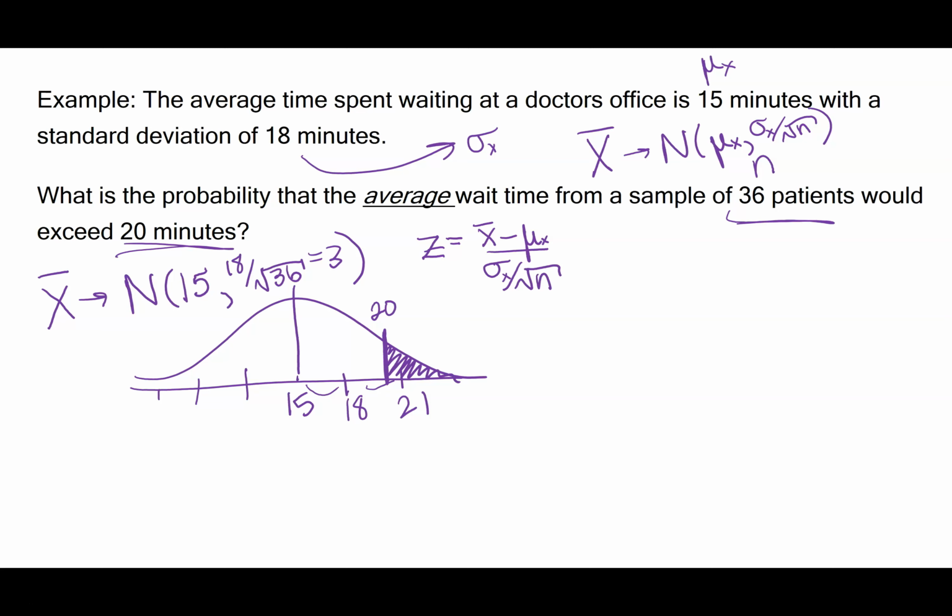So I have everything I need to plug this in. So we want to know 20 minutes. That's what I'm going to plug in for x bar. So 20 minus 15 over, this is that 18 over the square root of 36, that's 3. So I end up getting 5 over 3.